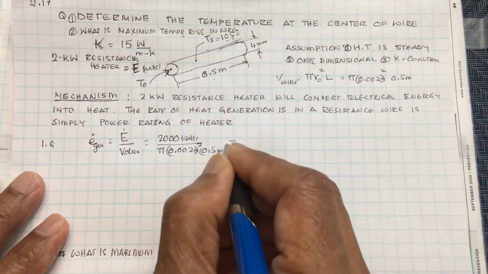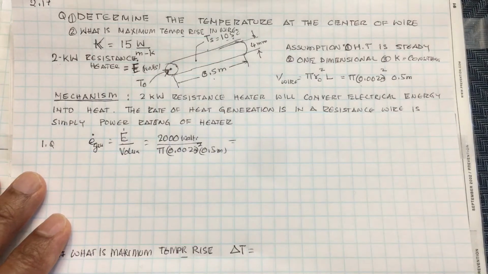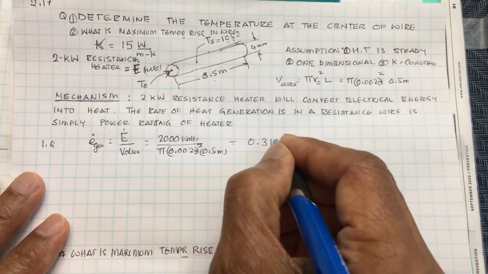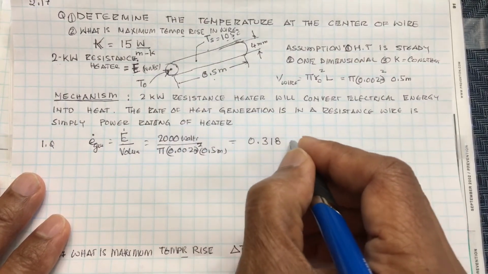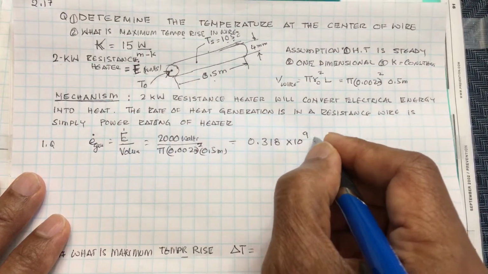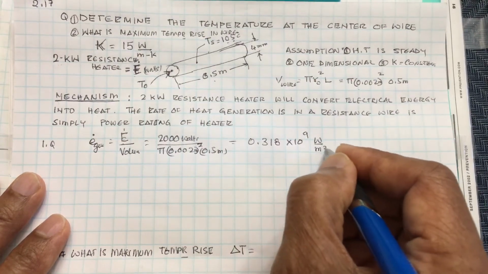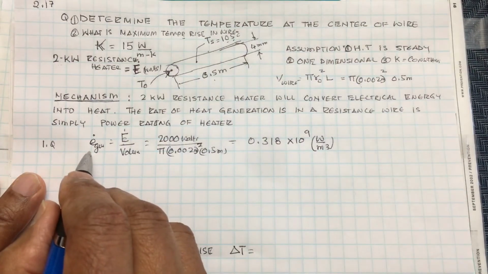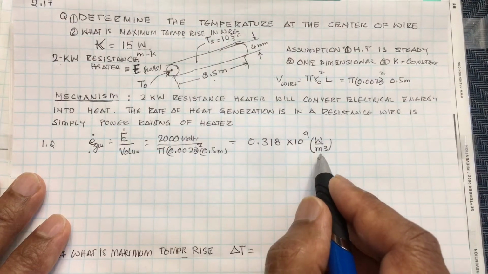So simplifying this, you will come up with the answer of 0.318 times 10 to the power of 9 watts per meter cube. Pay attention to the units. Heat generated per unit volume is watts per meter cube.